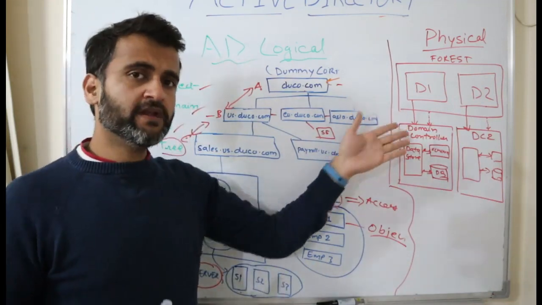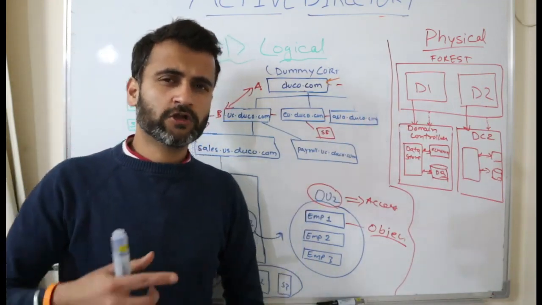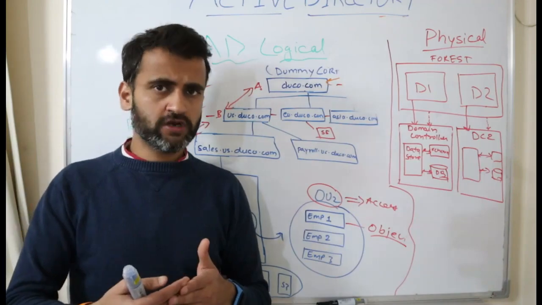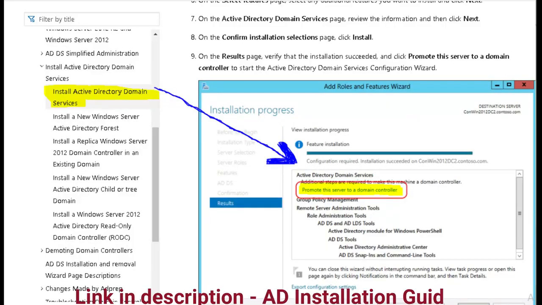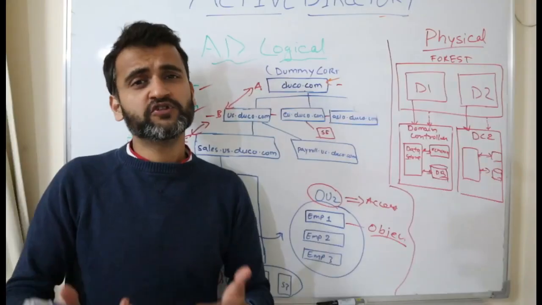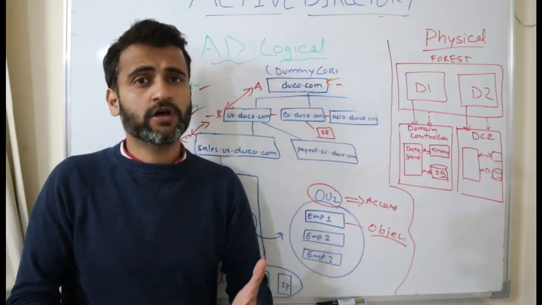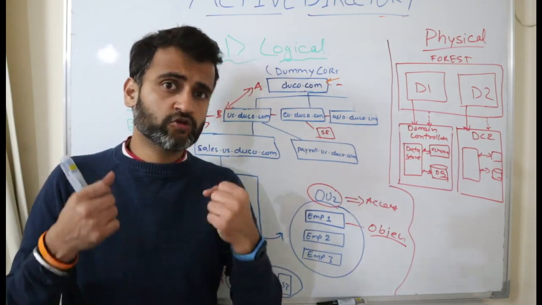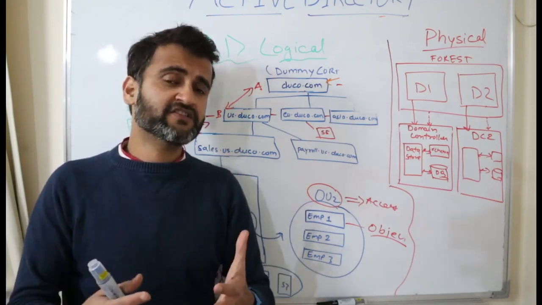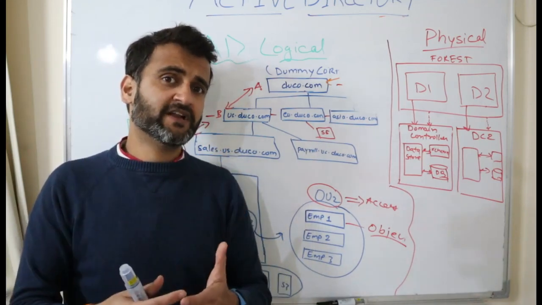So every domain is associated with a domain controller. Suppose you take a Windows 2016 server and you want to set up a domain. The very first thing you have to do is install the domain controller on that particular server, so that it can work as an Active Directory.